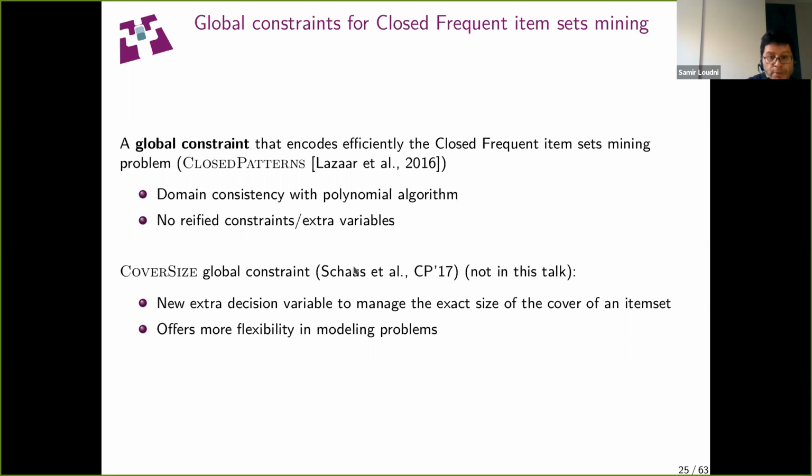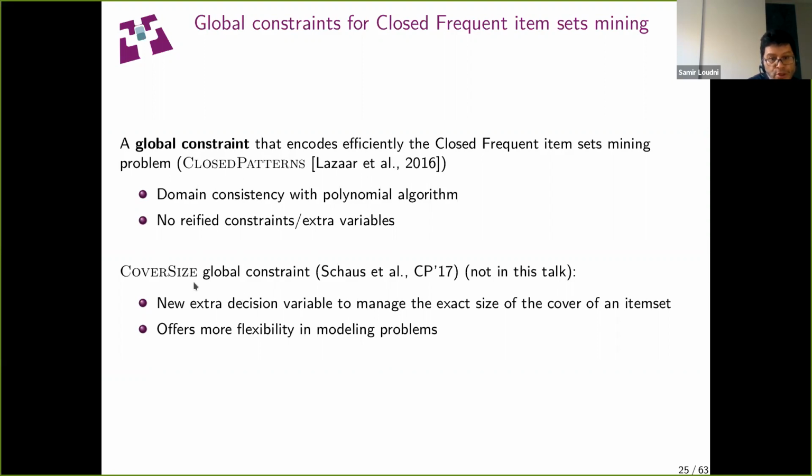More recently, Pierre Schaus introduced a new global constraint called CoverSize for computing the exact size of the cover of an item set. In ClosedPattern, we have no direct access to the cover of the item set, which limits the use of this global constraint because you cannot impose a constraint on the cover.